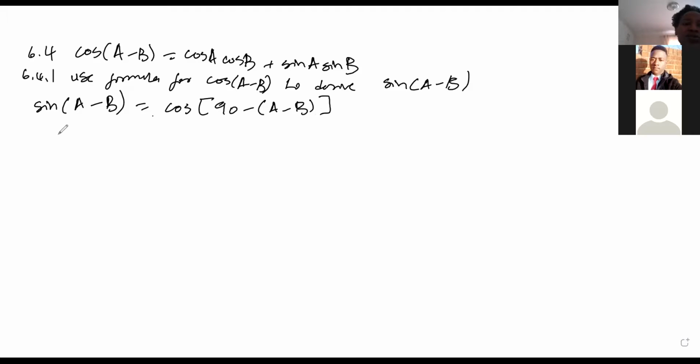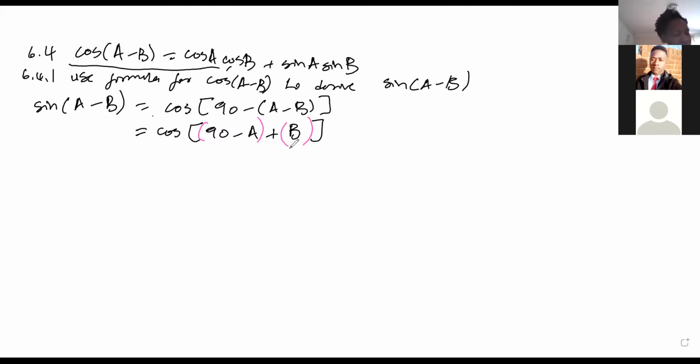Then, but we want to use cos(A minus B). So for us to use it, let's try to rearrange this. This is 90 minus A plus B, right? But we want it to be in this form, so we need to have two angles. So we can have 90 minus A and then B there.